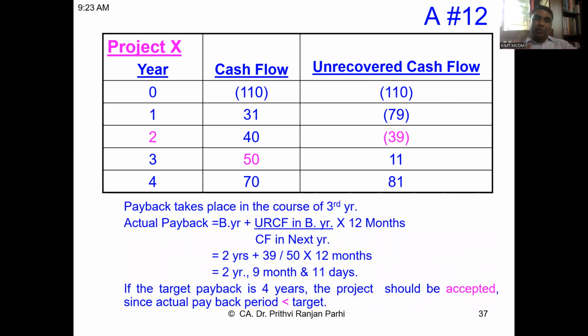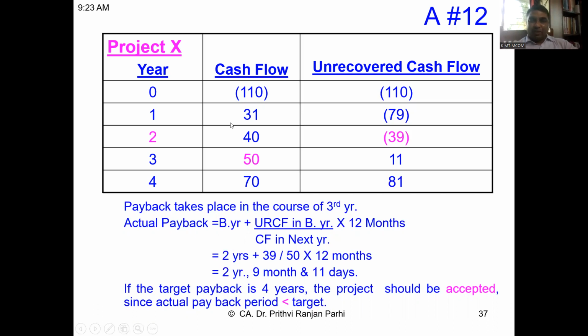If you want to calculate the exact months or days of the payback period, you can use the formula: base year plus unrecovered cash flow in the base year divided by cash flow in the next year, into 12 months. Base year is the year at which unrecovered cash flow was negative for the last time.